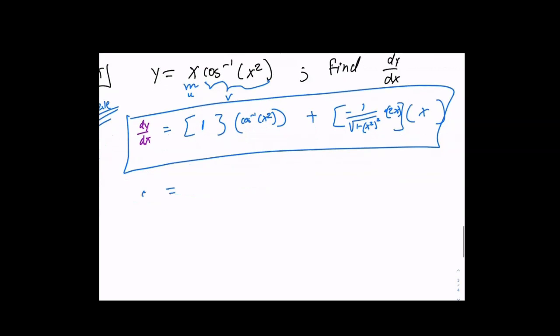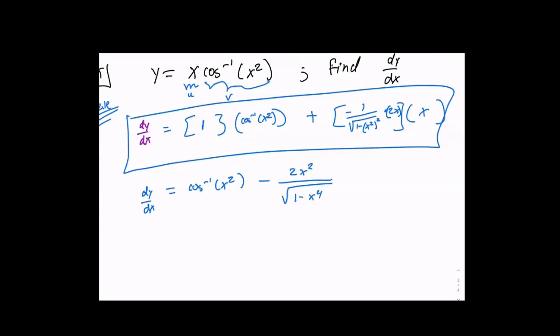Of course, we want to clean this up. dy dx is equal to inverse cosine of x squared minus what? Let's clean it up. Would it be 2x squared all over the square root of 1 minus x to the 4th?